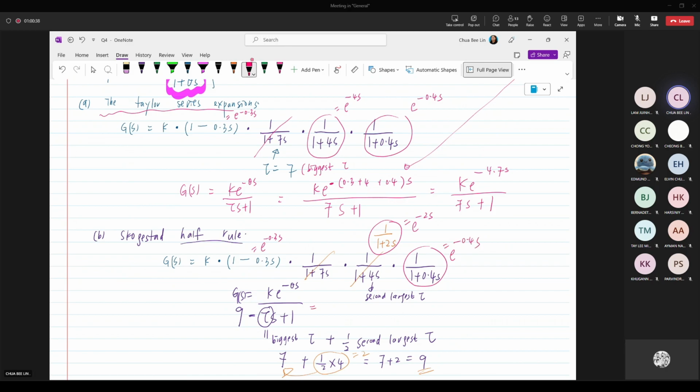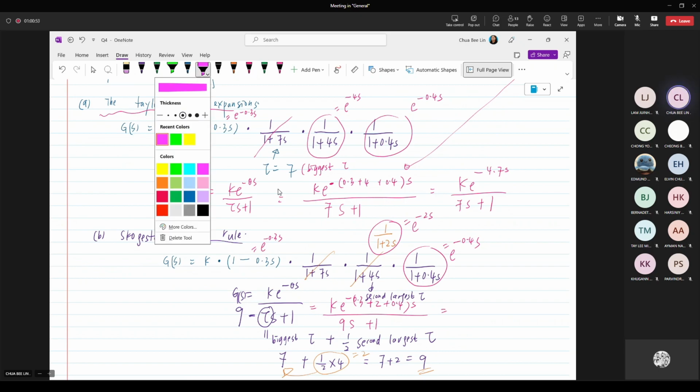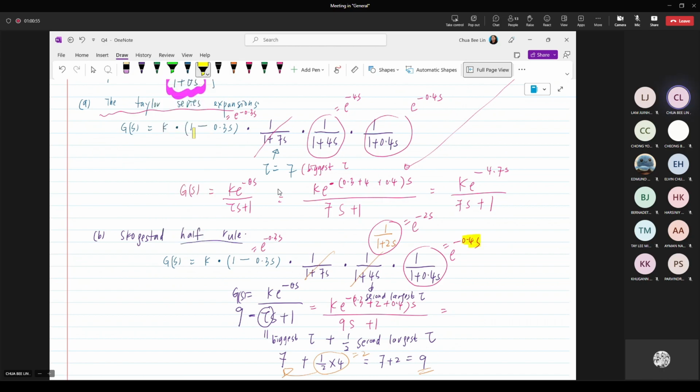So this will be K e negative, 0.3 plus 2 plus 0.4, then bracket, S over 9s plus 1, which I plus this one, and this one together. So this will give you the final answer of K e negative 2.7s over 9s plus 1.